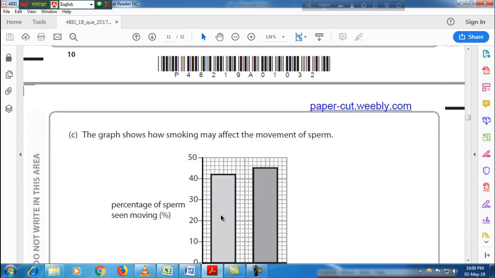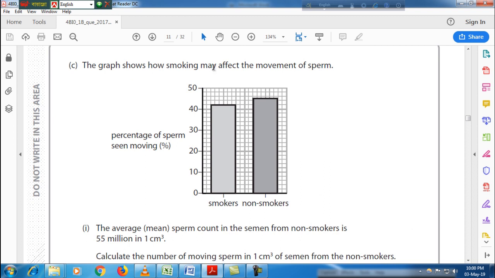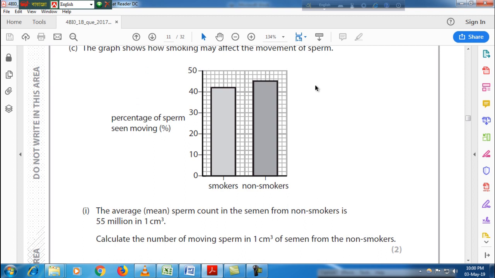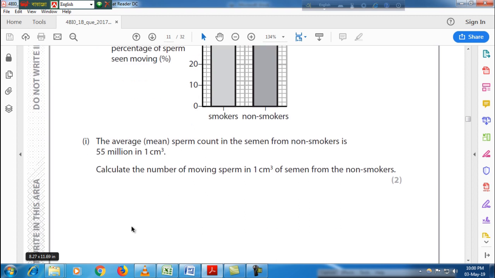Next question, C1. The graph shows how smoking may affect the movement of sperm. They are showing the percentage of moving sperm, smokers and non-smokers. The mean sperm count in the semen from non-smokers is 55 million in 1 centimeter cube.